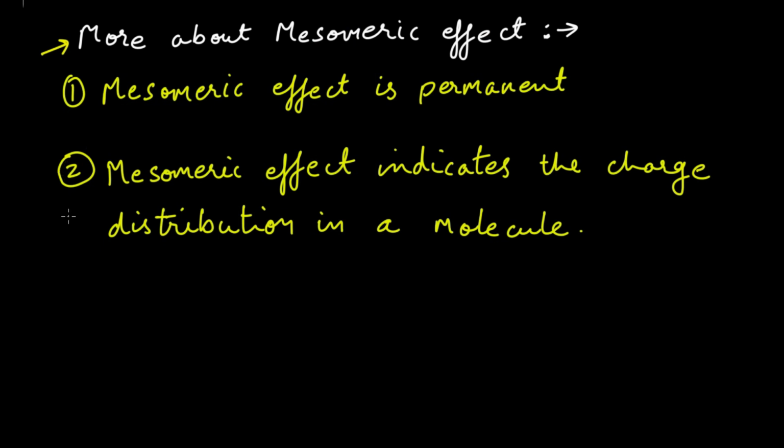Second is mesomeric effect indicates charge distribution in a molecule. Yes, there is a creation of positive and negative charge. Like this. So mesomeric effect indicates distribution of charge in a molecule.